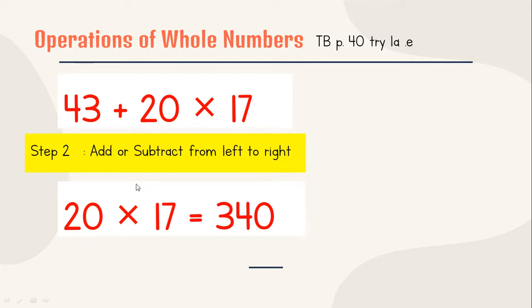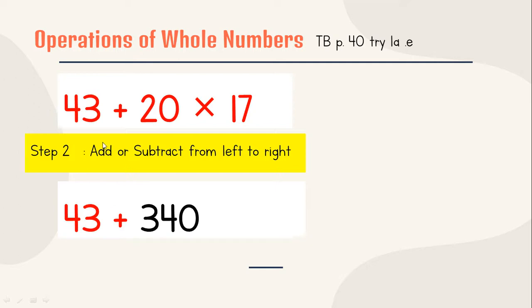After that, add or subtract from left to right. So 43 plus 340 equals 383. So that's it. It's kind of easy, right? Just remember, first inside the bracket, second times or divide, and the last add or subtract.